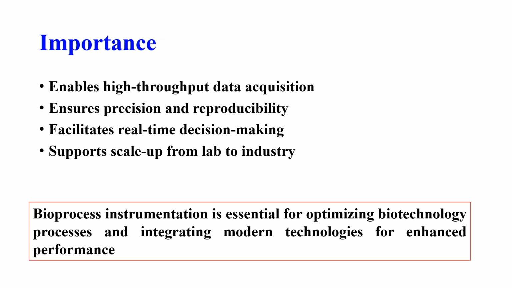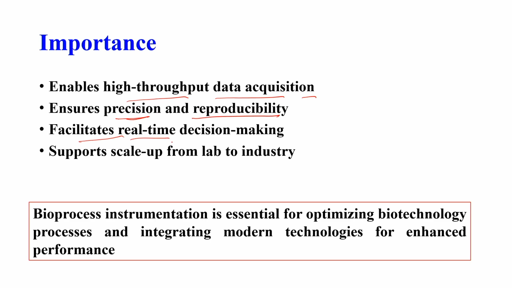So, why is it important to go for bioprocess monitoring? Because it enables high throughput data acquisition. Once you have those data, you can decide to go for good control and optimization. It ensures precision, and once you are able to control, you can ensure reproducibility.